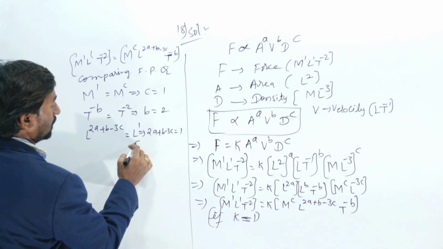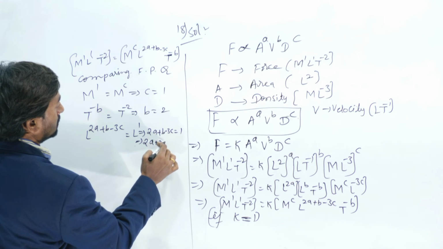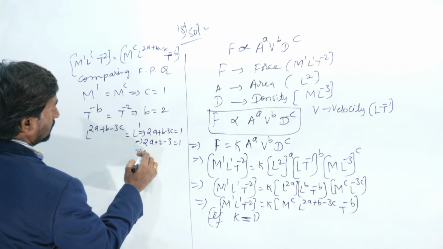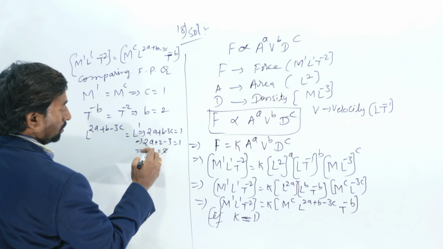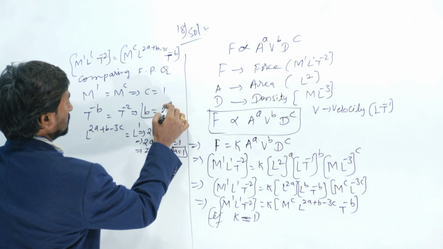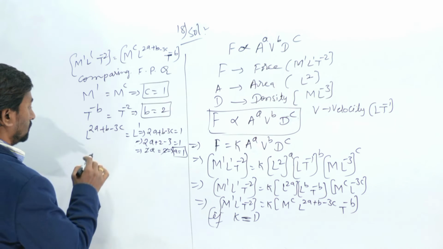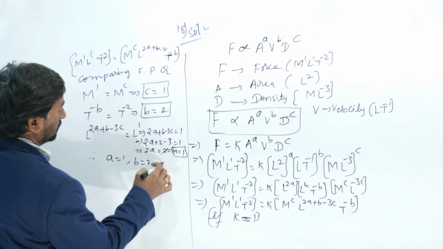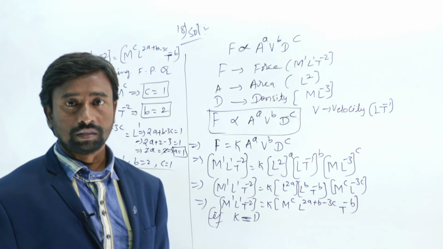Now if you substitute the values of b and c: 2a plus 2 minus 3 equals 1, so 2a equals 1 minus 2 plus 3... so 2a equals 2, and a equals 1. So a equals 1, b equals 2 and c equals 1. Now see in which option these are all there; that is the correct answer.